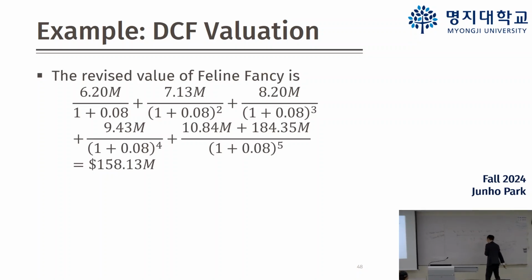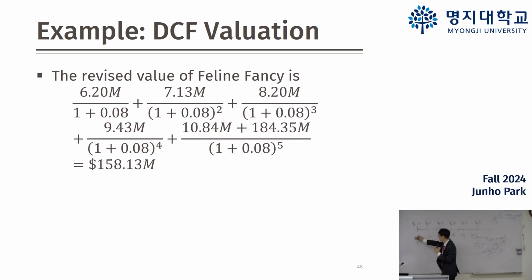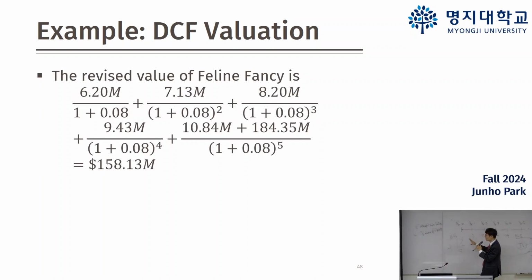And if we remember the balance sheet, we have assets on the left side, and on the right side we have debt and equity. So the debt plus equity should be the same as the asset. So when we want to calculate the enterprise value, that's the end of your calculation.